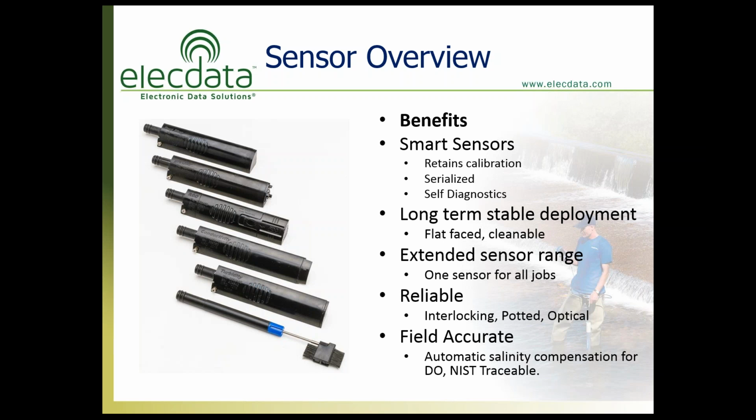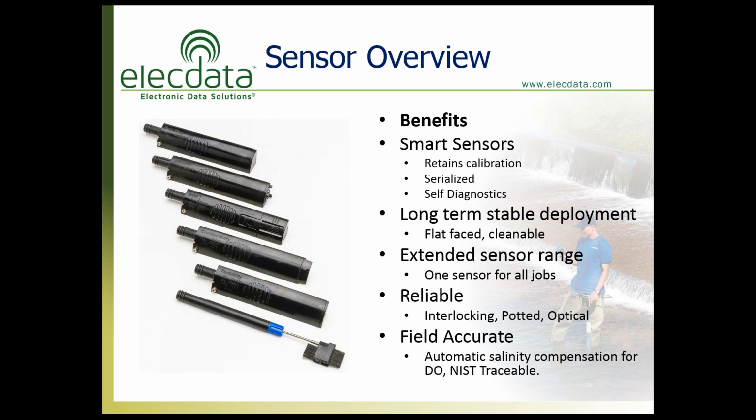If you calibrate a sensor on one sonde, you can remove that sensor, put it into another sonde, and it'll take its calibrations with it. Kind of a concept that is unique to In-Situ. All of the sensors are individually serialized, and they all have self-diagnostics, so they can look at the measurements they're making and actually report that information in the data if there's problems with the measurement or with the sensor.